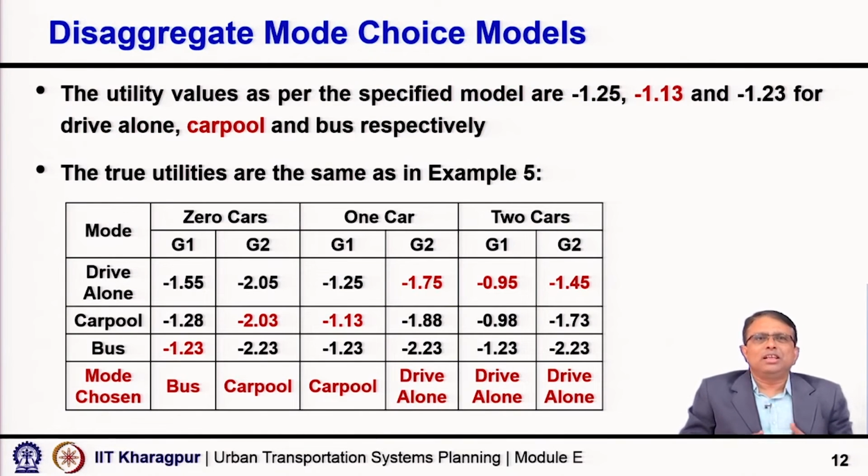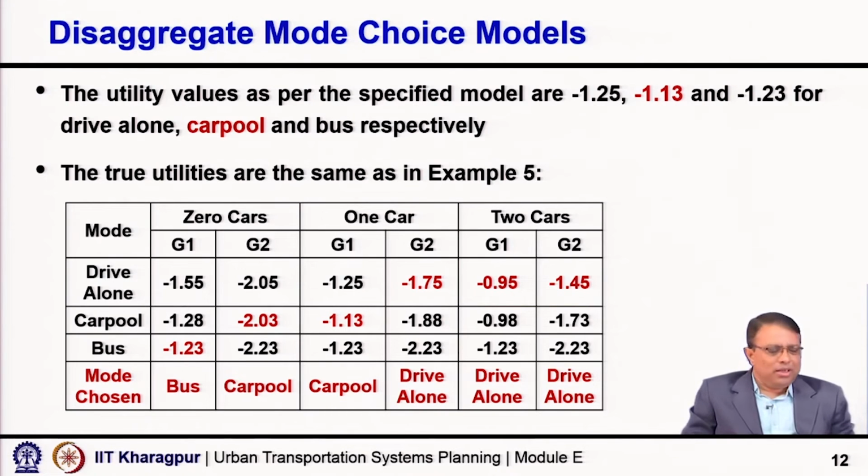And we can see clearly the chosen modes are going to be for 0 car user group 1 bus, group 2 carpool, for 1 car ownership group 1 carpool, group 2 drive alone, and for 2 car ownership group 1 drive alone and group 2 also drive alone.